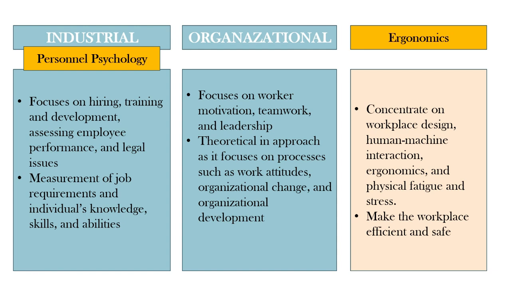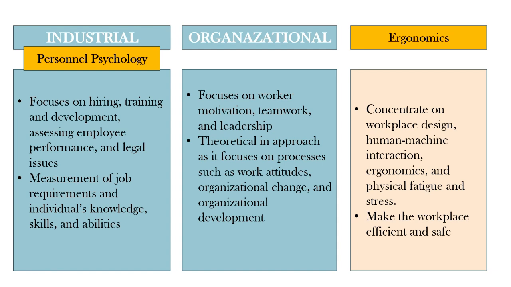We also have a third area, which is ergonomics. Okay, it is concentrating on workplace design, human-machine interaction, and physical fatigue and stress. It makes the workplace efficient and safe. A particular example for this would be your chair.